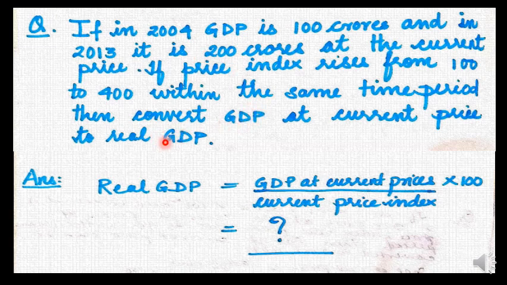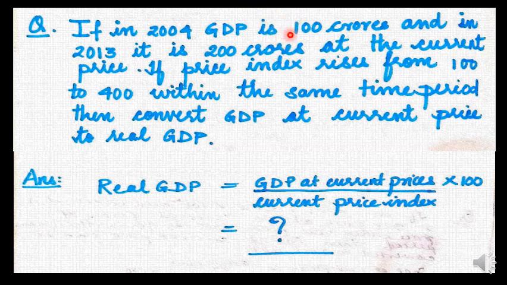So we have to take only two values into consideration: the nominal GDP of the year 2013 and the current year index, that is the price index of 2013. So it is 400. You got the question?